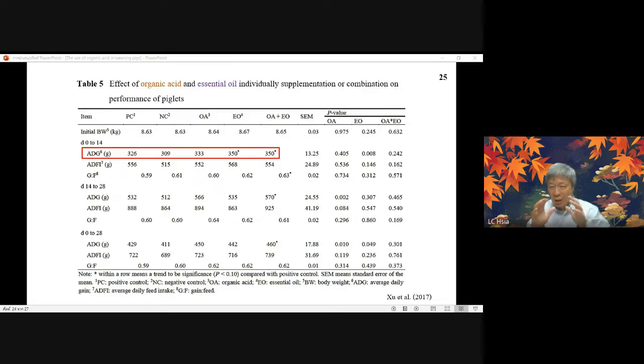What does coating mean? We usually say coating. Coating is lactic, acid, short chain fatty acid coating.